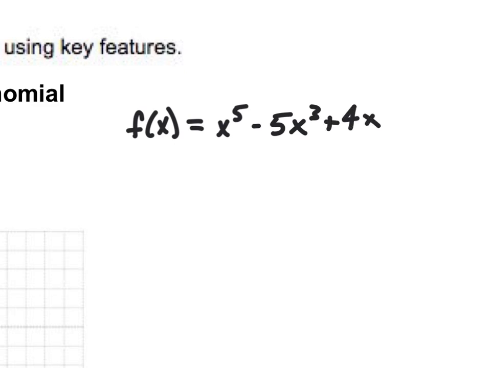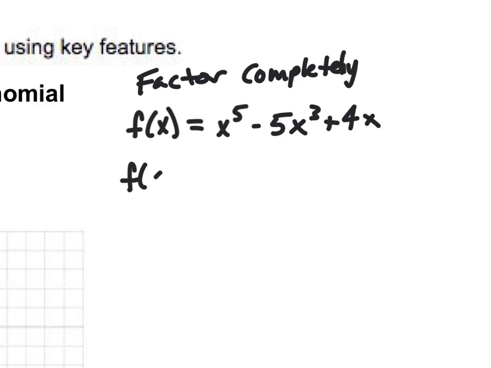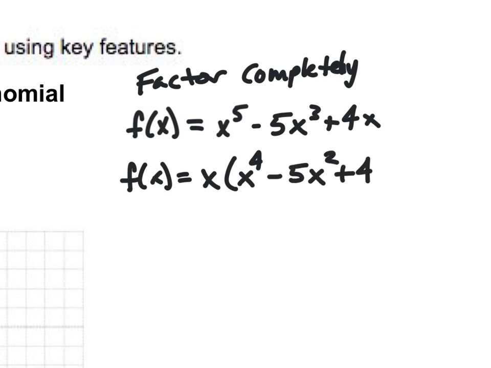And what I want to do is factor out an x, first of all. Okay, so I'm going to factor completely. So f of x is equal to x times, and you're left with x to the 4th minus 5x squared plus 4.